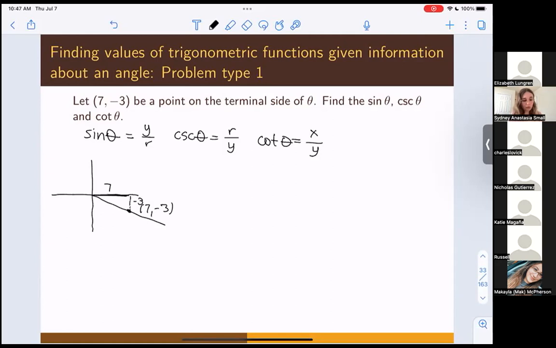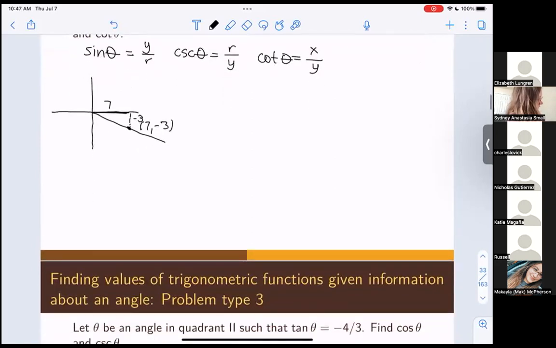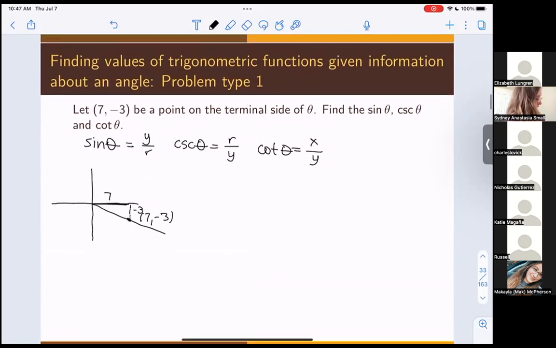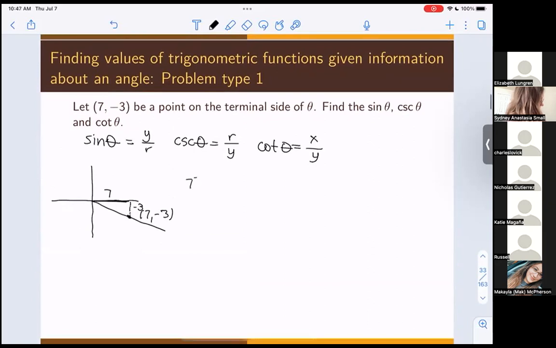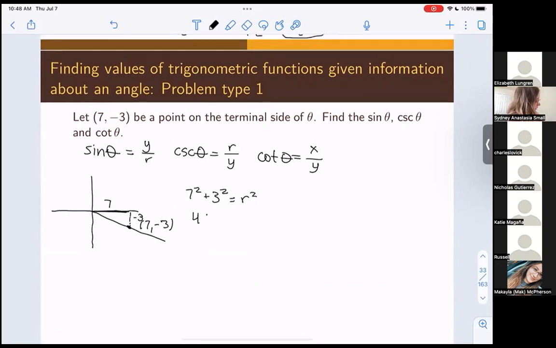Well, how do we find a third side in a right triangle when we're given two sides? Pythagorean theorem. So this time we actually have the two short sides. We have 7 squared plus 3 squared, and we're solving for our radius. 7 squared is 49, plus 9 equals r squared. 49 plus 9 is 58.